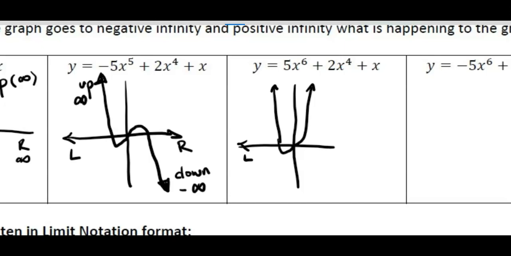So as we move to the left, or to negative infinity, it's going up, or to positive infinity. As we move to the right, or to positive infinity in x, the y values are going up also. And so up to positive infinity.